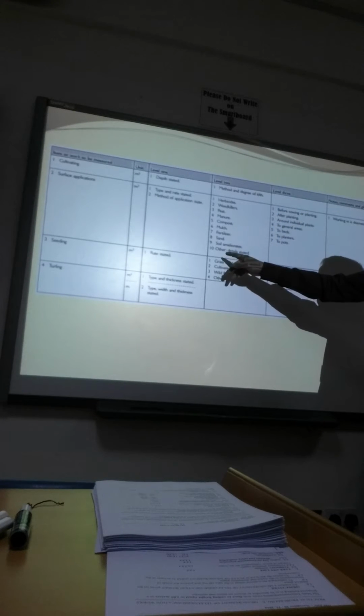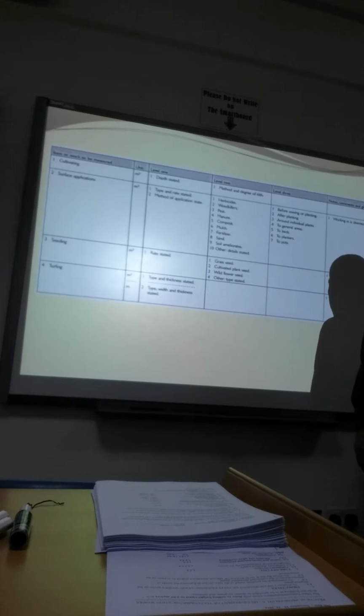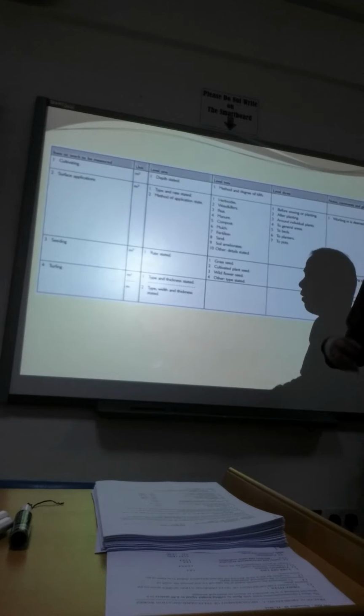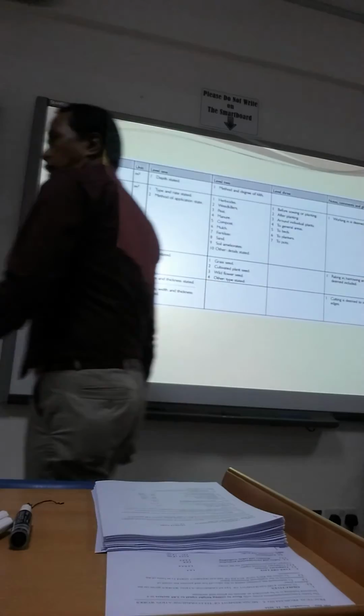Fertilizer, sand. Soil ameliorants are soil enhancers to provide good plant growth. Okay, it will provide the acceleration of plant growth.